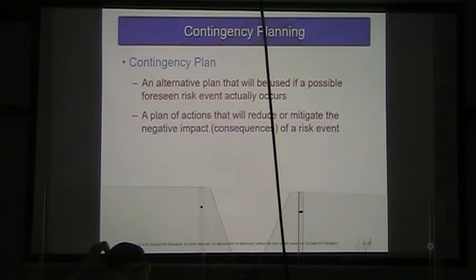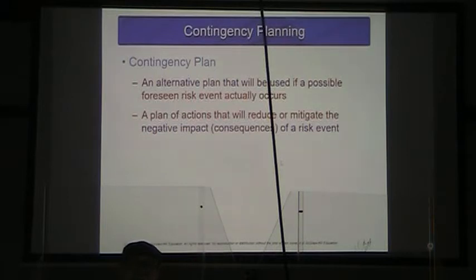All right, so contingency planning. A contingency plan is an alternative plan that will be used if a possible unforeseen risk event actually occurs. Also, we could call it a plan of actions that will reduce or mitigate the negative impact, the consequences of a risk event.